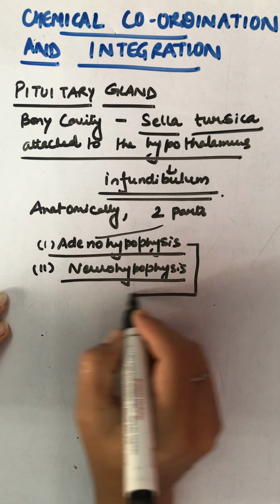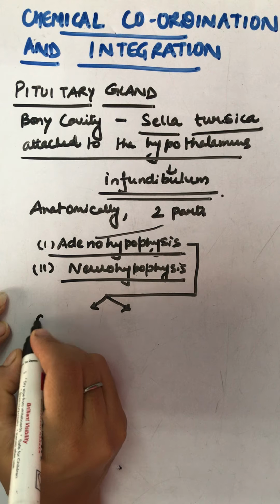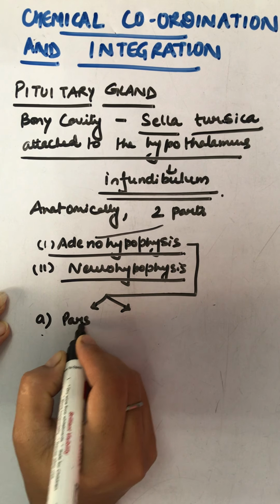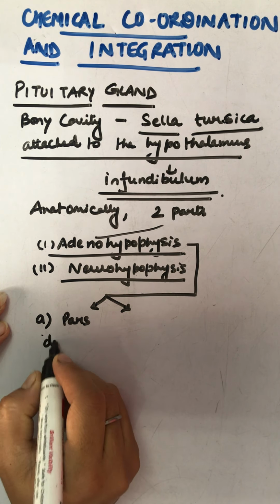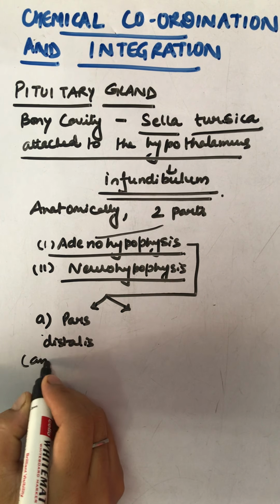This further consists of two parts, adeno one. The first one is pars distalis, which means the anterior pituitary.